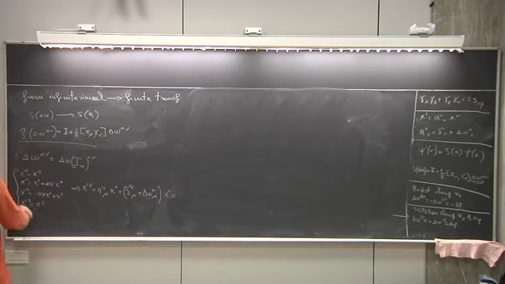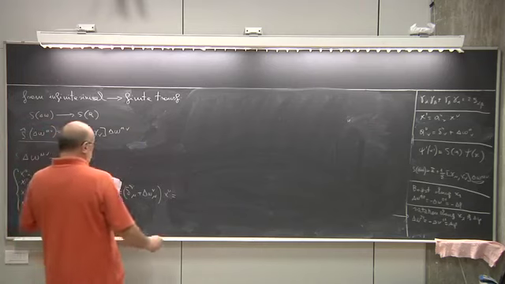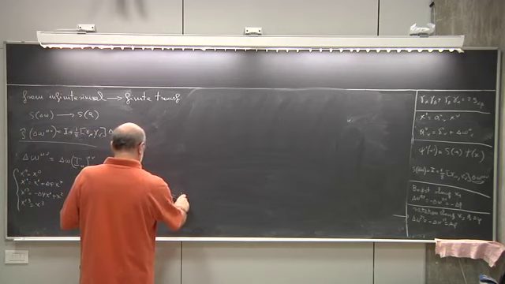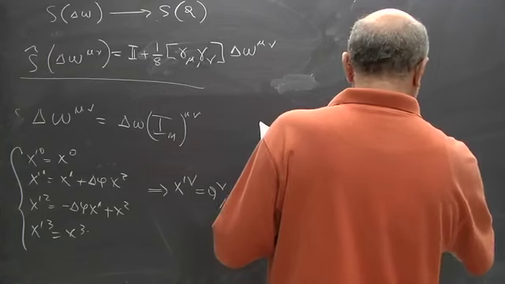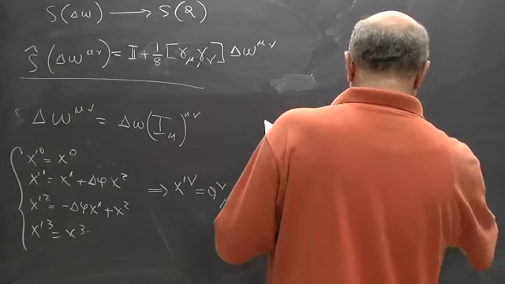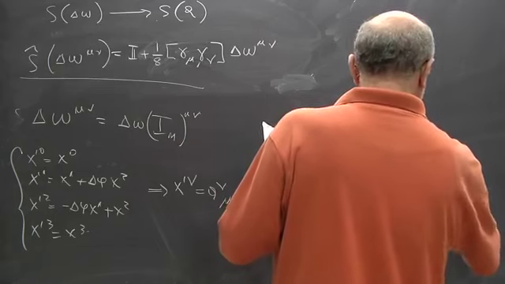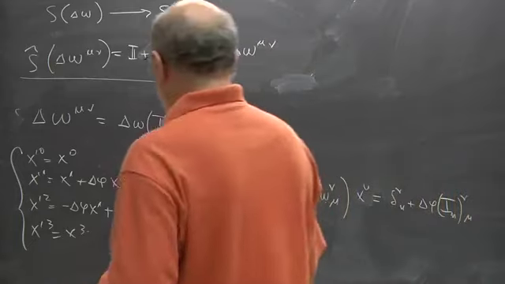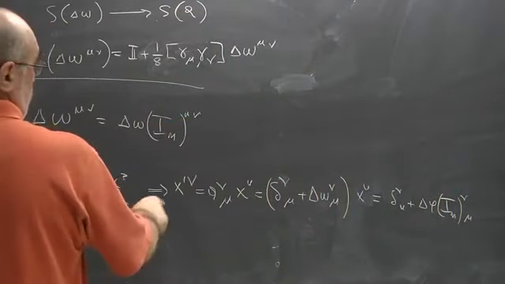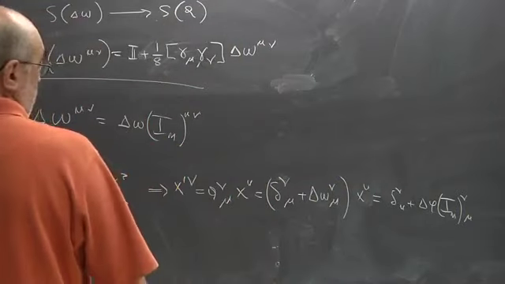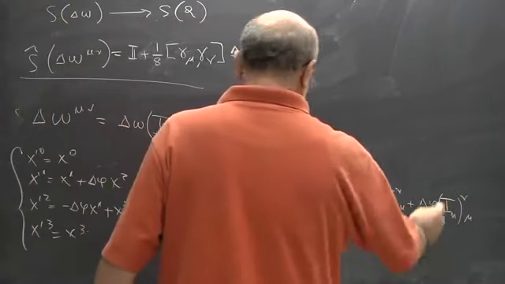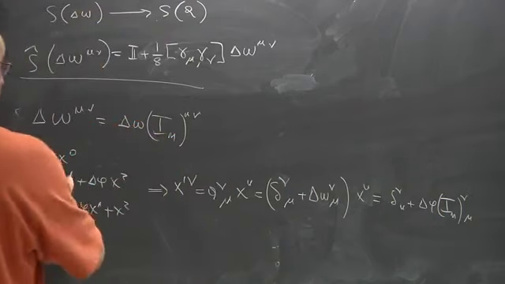Now if you look at this object, you can write delta mu nu plus or minus delta phi times I_N mu nu. This is a 4x4 matrix and the diagonal is all one. Then there is this extra piece, so it's easy.